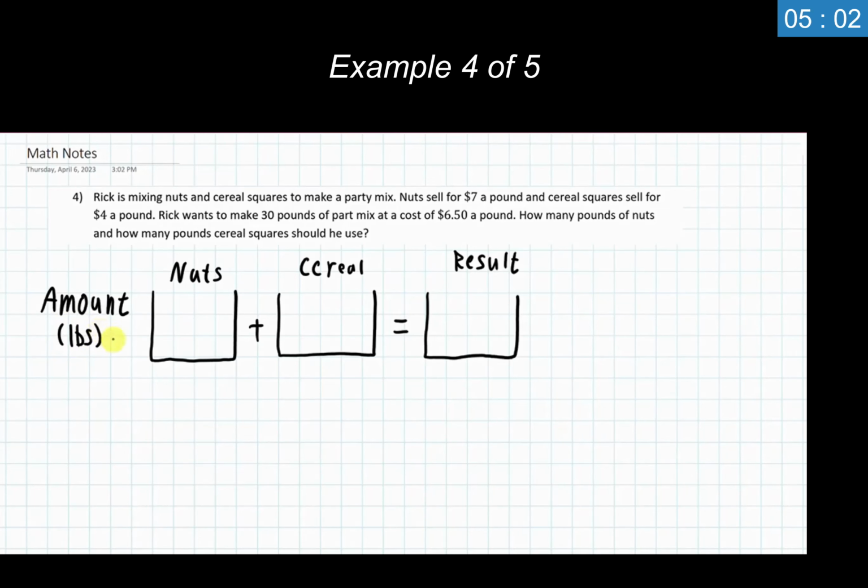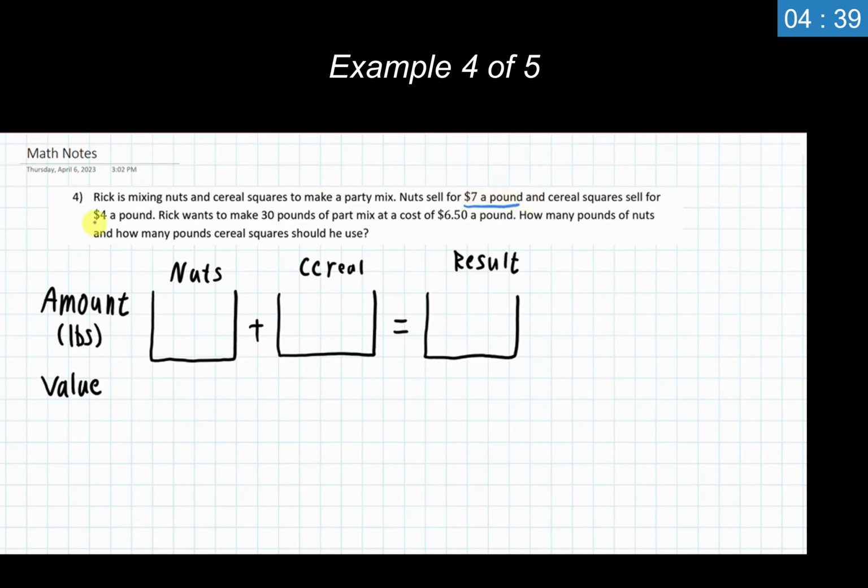Now, here's where the tricky part comes in with these particular ones. Our value is no longer simply just dollars. The subtle units within here are $7 a pound, which could also be written as $7 per pound.